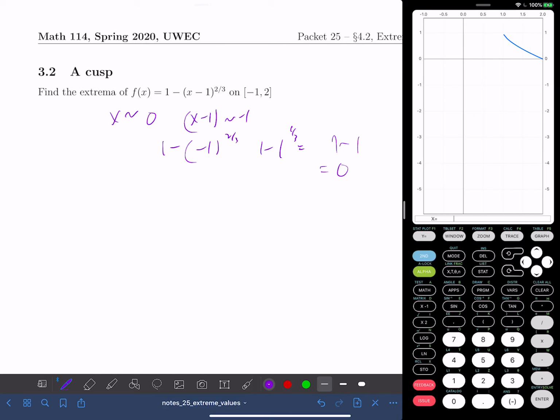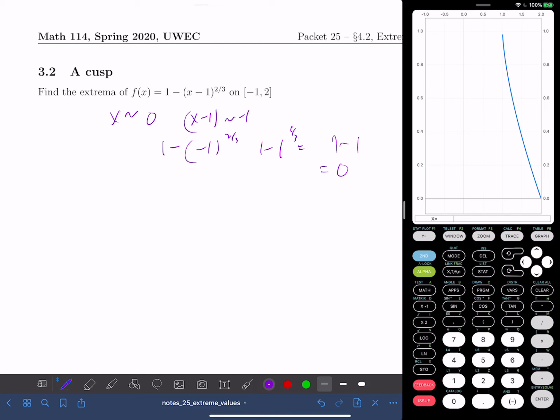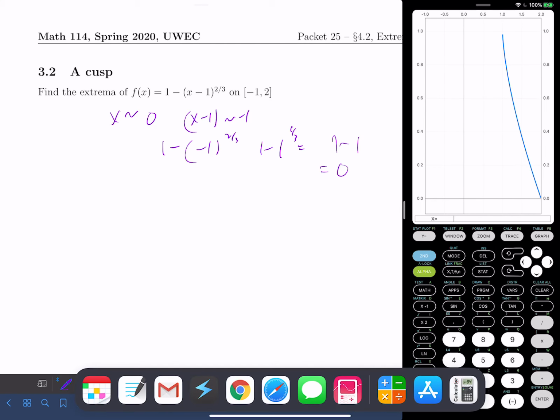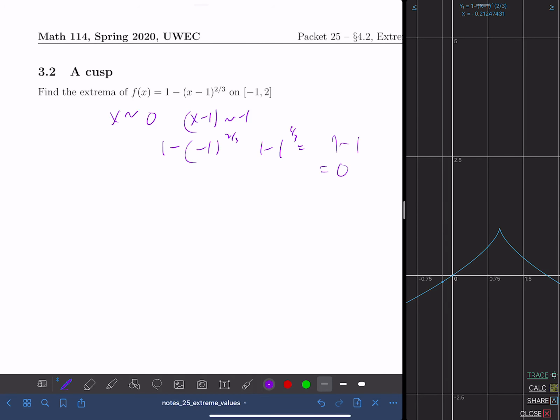Yeah, okay, yeah, I mean, come on. Really? The function's clearly defined there. One minus x minus 1 to the 2/3. Okay, fine. That calculator sucks. I'll use this one, even though I don't like its interface as much.